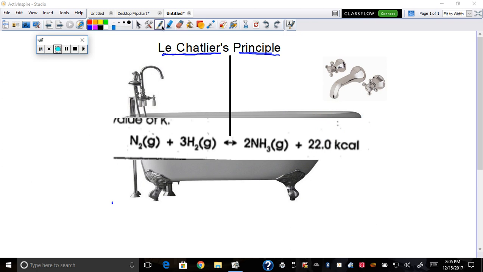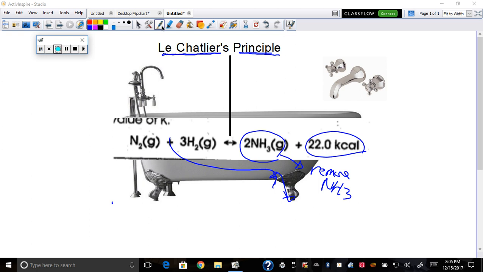Now, what if I take a hammer and I make a crack, or I put a plug there and I make a hole? Well, then the water will start rushing this way. Okay, so if I remove some NH3, or if I put some ice on the reaction and I make it colder, I remove some heat, then what will happen is everything will flow this way.